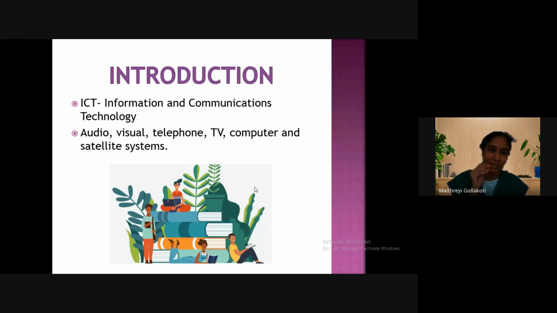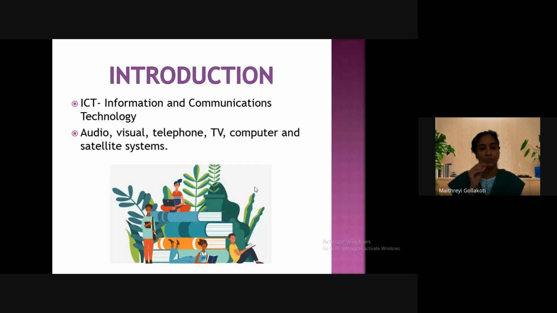Okay, so these are the ICT tools, and ICT tools are found in different modes like audio, visual, telephone, TV, computer, and satellite systems. In all these modes, we find ICT tools. Okay, so audio, I'm sure you can understand it. It is something to do with listening.